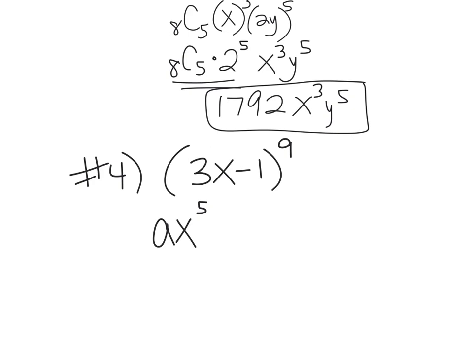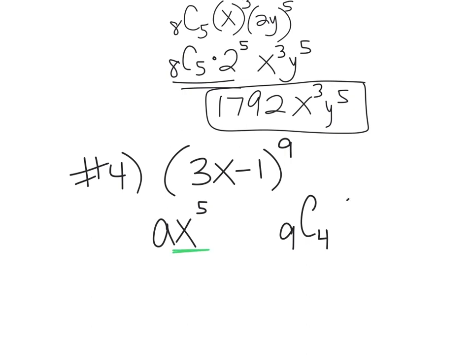So I know I need to start with 9C something. This is tricky. 9C what? Not 0. 4. 9C4. You've got to work backwards a little bit in this. See, this x is to the 5th.